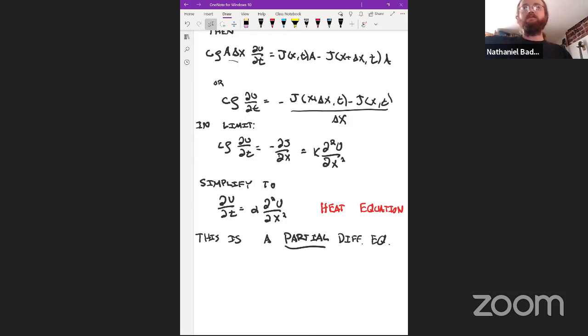All right. So how do we solve a PDE like this? Actually, does anyone know off the top of their head? I'm sure that some of you have seen the heat equation before.